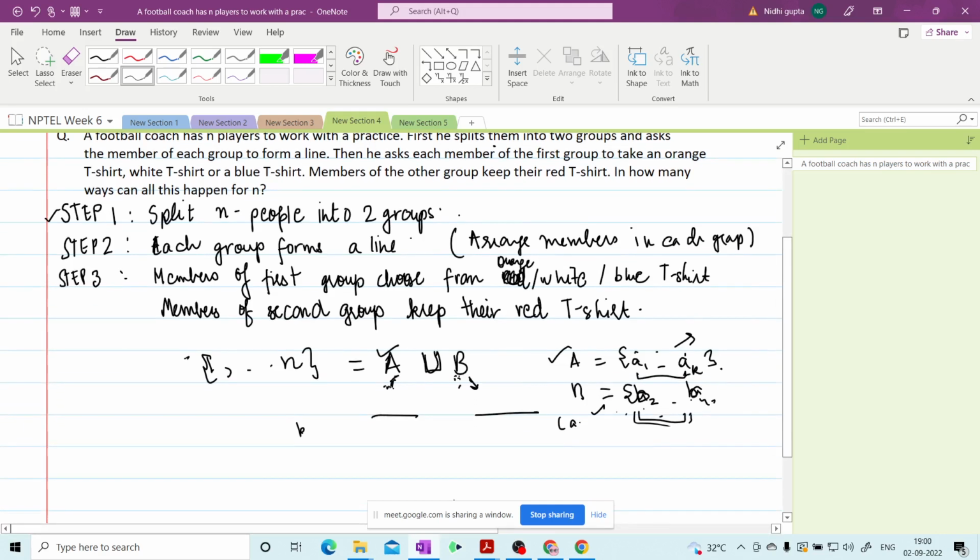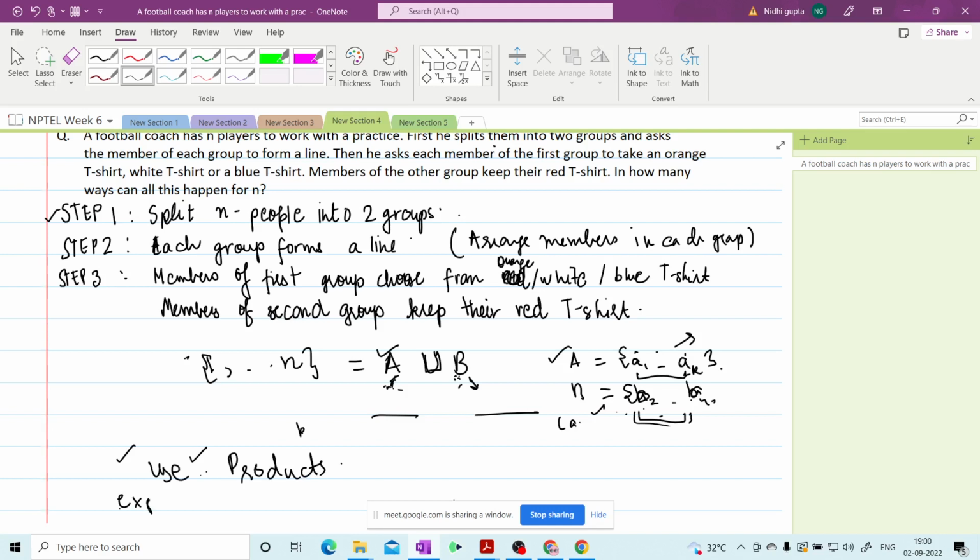Since we are splitting them into 2 groups, and then applying something on the first group and something else on the complement, we know we have to use products. Now the thing is, which product do we have to use? Exponential generating functions or ordinary generating functions?